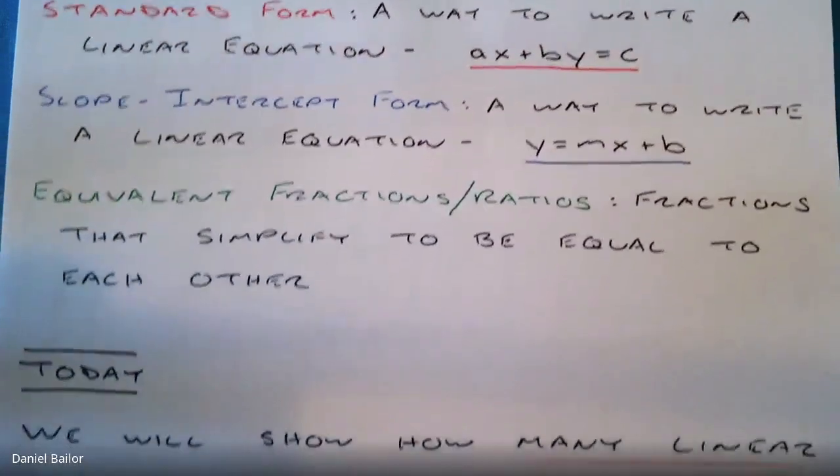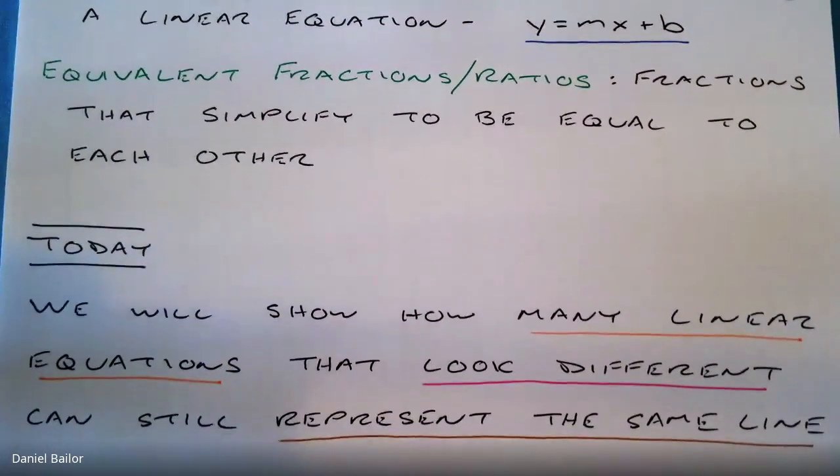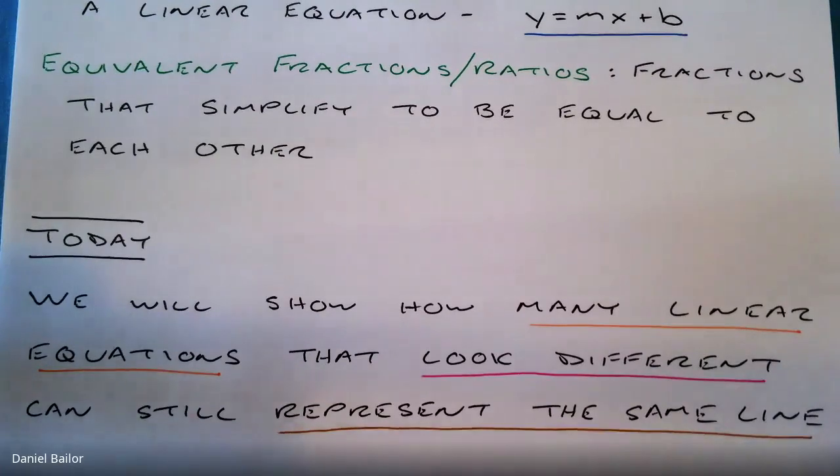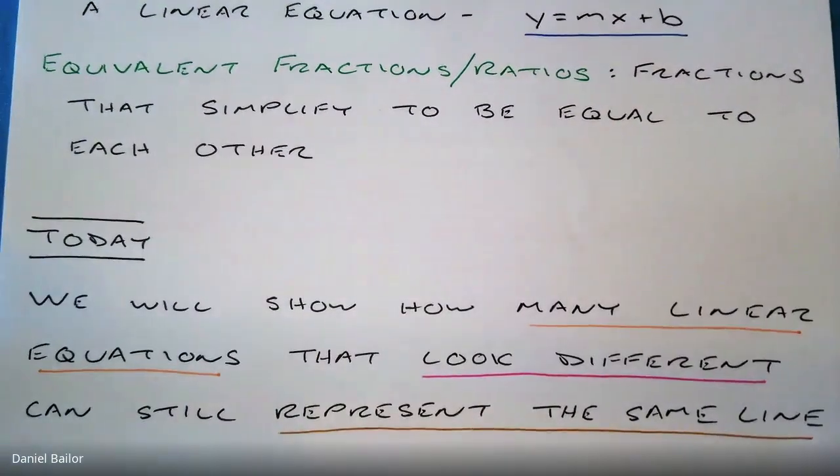Let's talk about what we're doing today. Today, we will show how many linear equations that look different can still represent the same line. So what we're going to see today is linear equations that might look different. They might be written in different forms, like one might be written in standard form, one might be written in slope-intercept form.